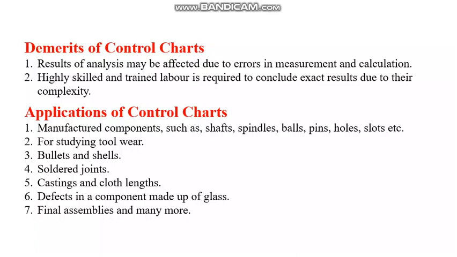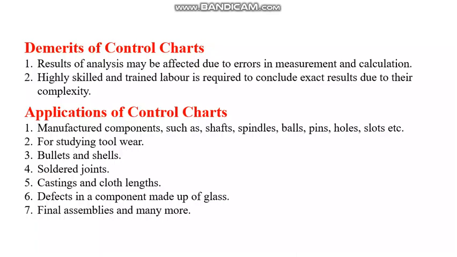Then, applications of control charts. Control charts are normally used for many mechanical engineering components like shafts, spindles, balls, pins, holes, slots, etc. Many machine shops and shop floors manufacture these things, and those components should be measured using precision measuring instruments.